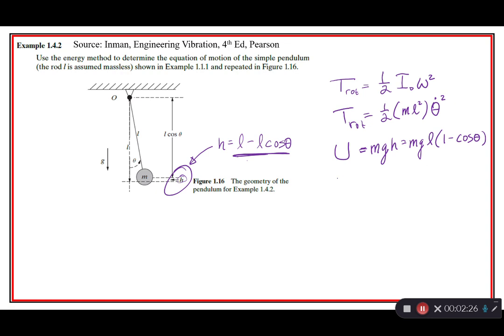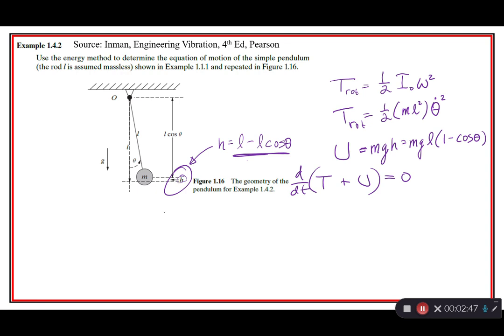So let's say that we have the equation T plus U equals 0, and then take the time derivative of it. I'm sorry, T plus U is equal to a constant, but if you take the derivative of it, it's got to be equal to 0 because the derivative of a constant is 0, right?